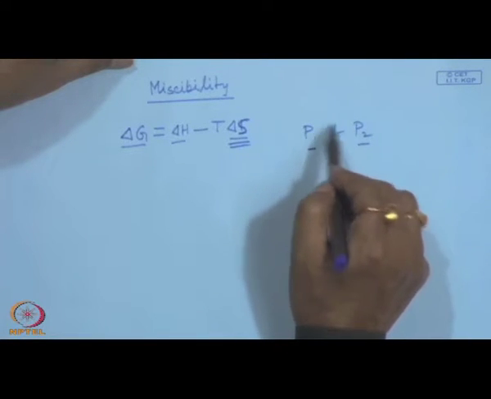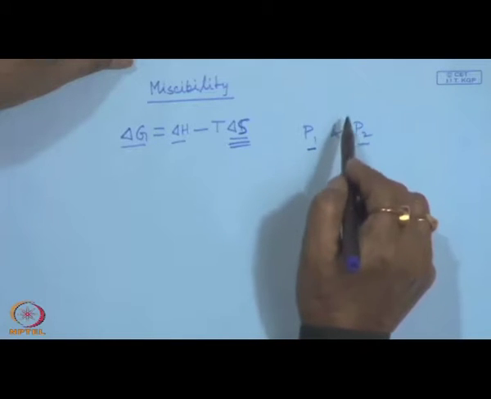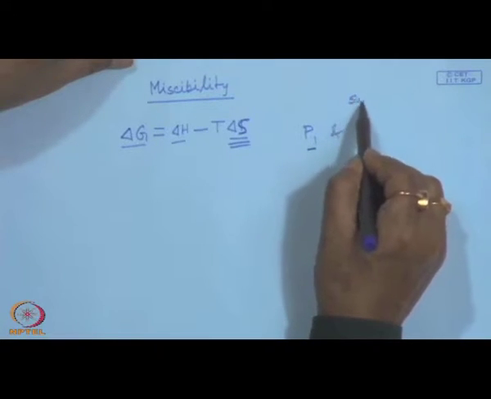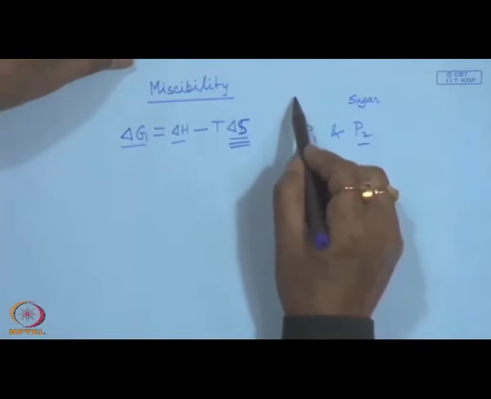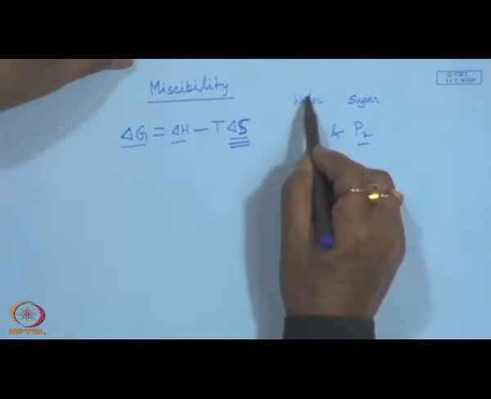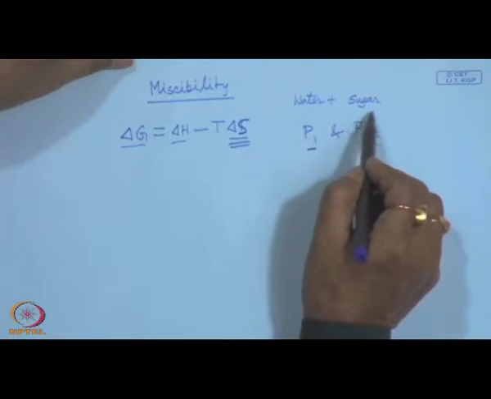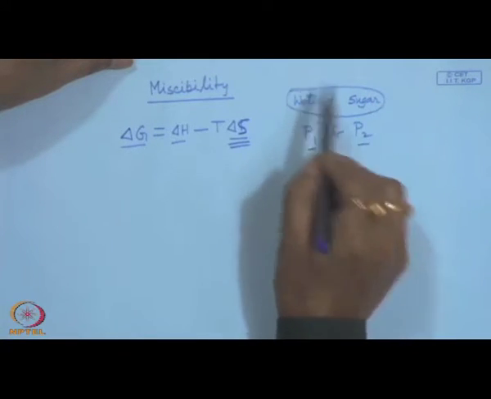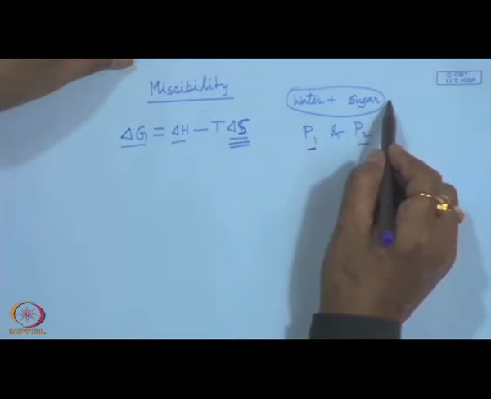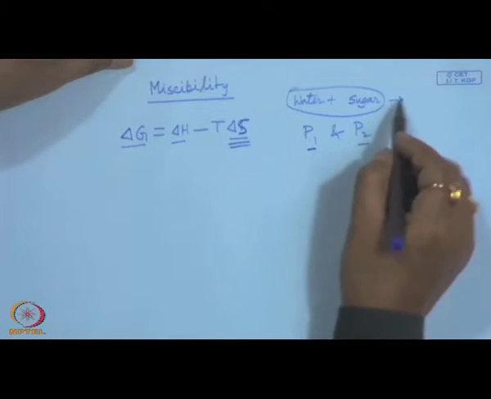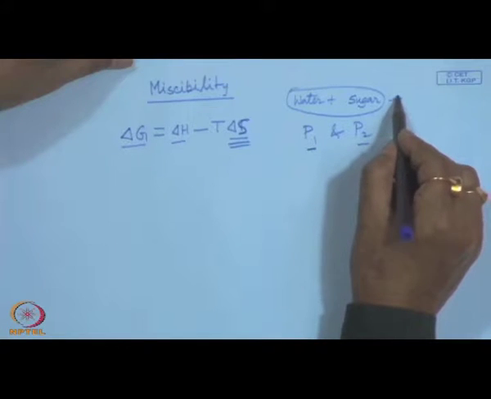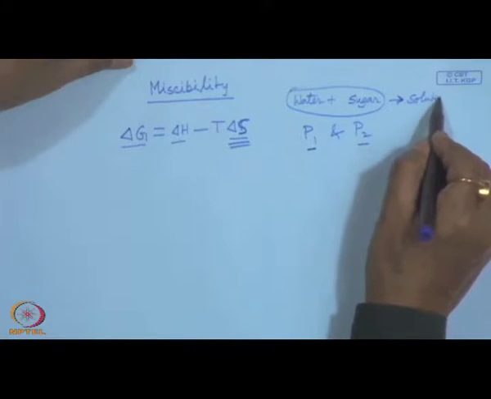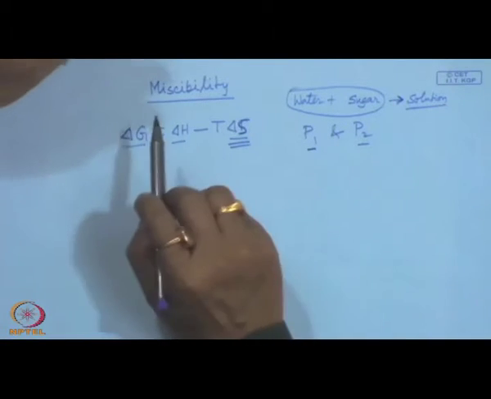If we compare this system with a simple solution of, say, sugar in water: when you put sugar in water, the sugar dissolves and we get a uniform solution of sugar in water.